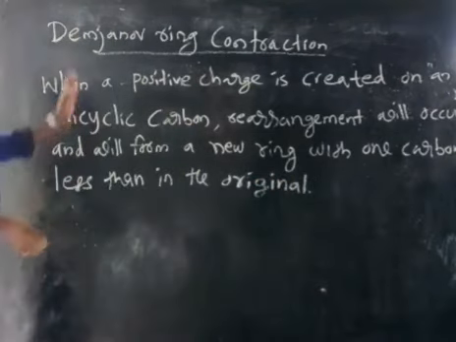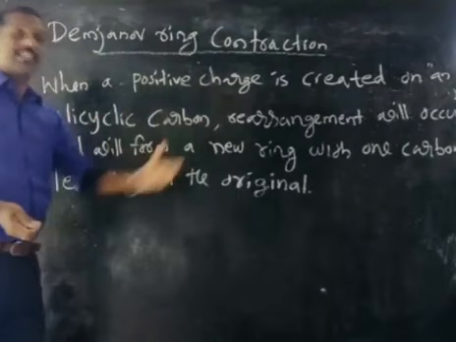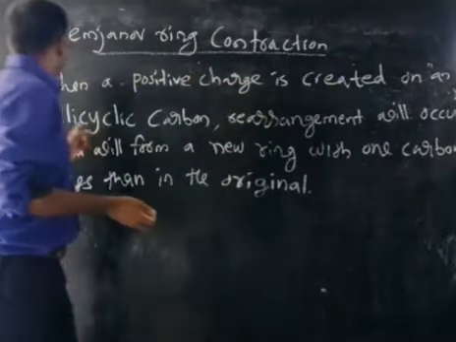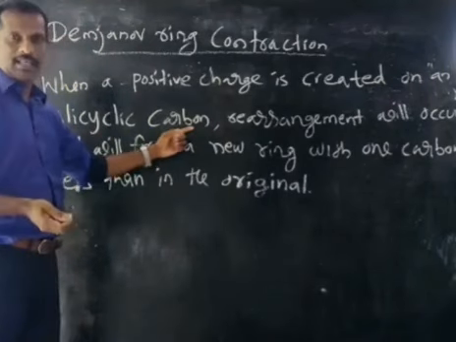So Demjanov ring contraction happens when a positive charge is created on an alicyclic carbon.